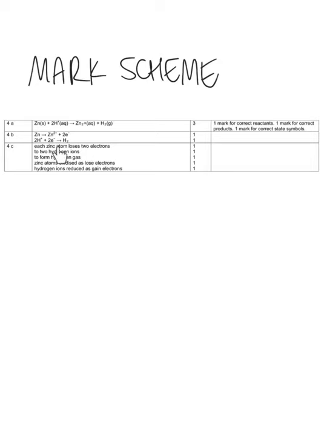They just talk about the fact that it's the zinc that loses the 2 electrons to the 2 hydrogen ions. Realistically, if you hadn't put that loss from zinc to hydrogen, you would still get the mark, but worth bearing in mind, this has come from a textbook, not an official exam question, and there are different variations of questions out there.